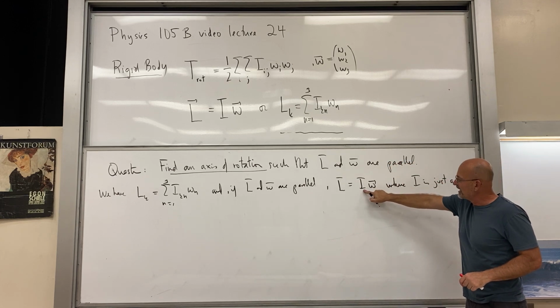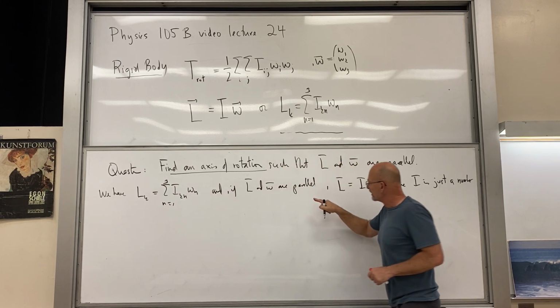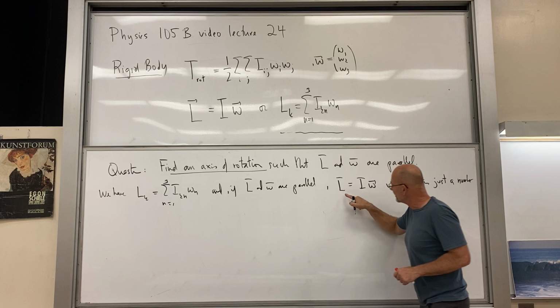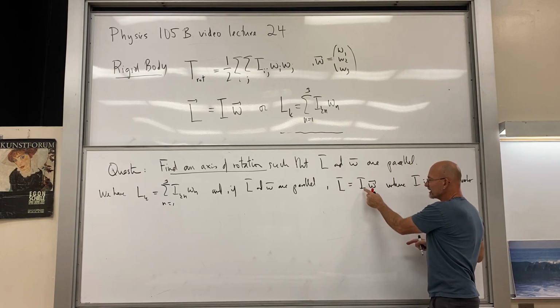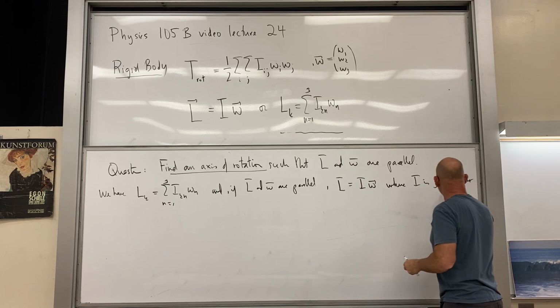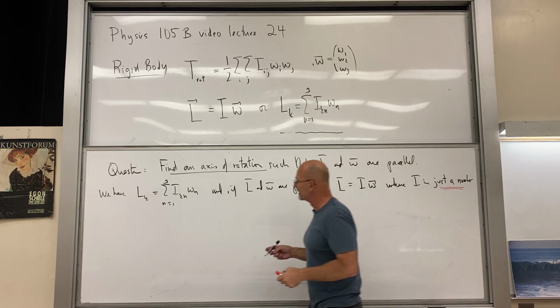Okay, so right here, this is a 3 by 3 matrix, but if L and omega are parallel, then this is only a number, right? Because these two vectors are parallel, it's just a number. So that's an important point. That's a number. And we're just going to equate those two ideas.